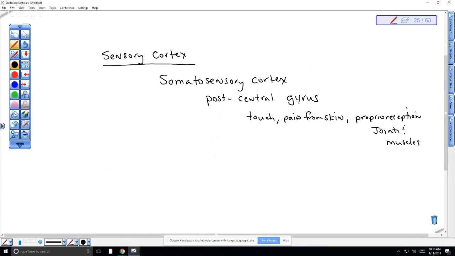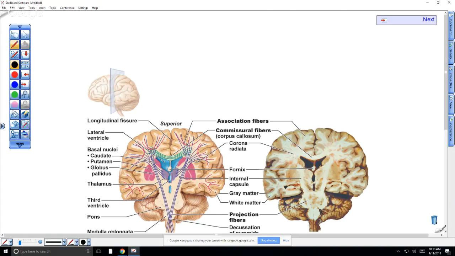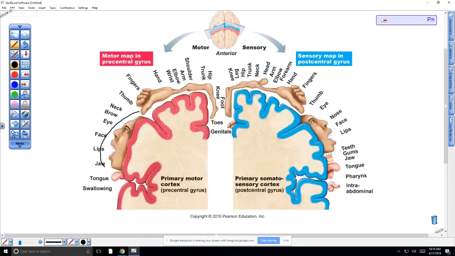And so this is, again, where we have the homunculus, and it looks very similar to that which is shown in the motor part of the brain. This is kind of deceiving in that they're showing it on two different sides of the hemispheres, but if you look at that picture up above, both sides of the hemispheres, right?